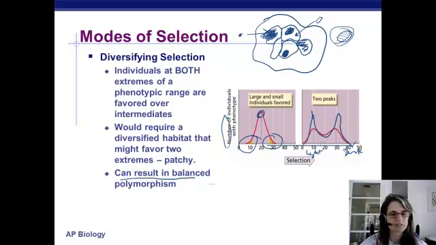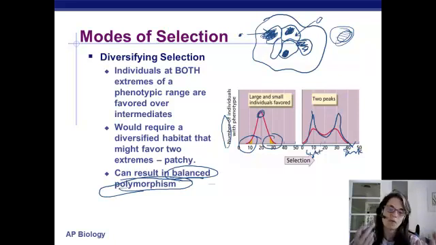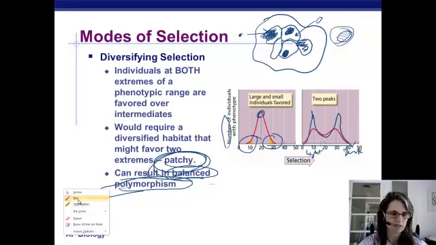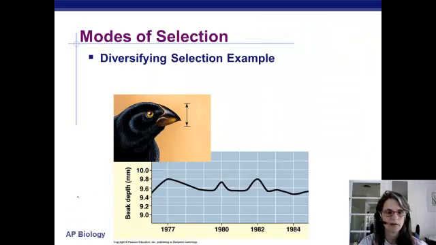It can result in something called balanced polymorphism, where the environment actually supports more than one morph. So there's many forms of a particular species in that environment. So associate diversifying selection with that word patchy. A patchy environment would tend to lead to diversifying selection. Okay?